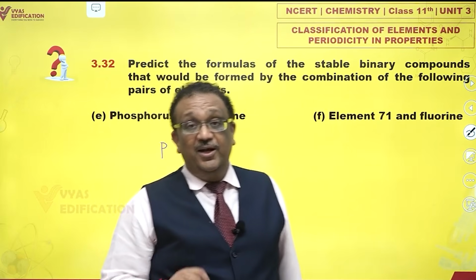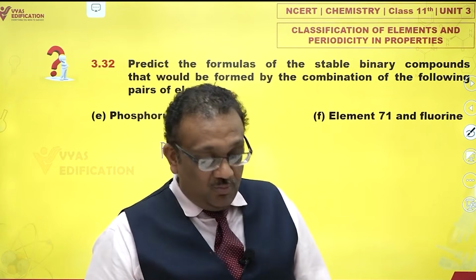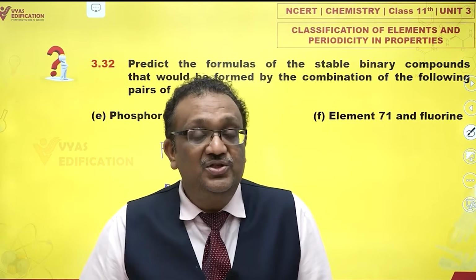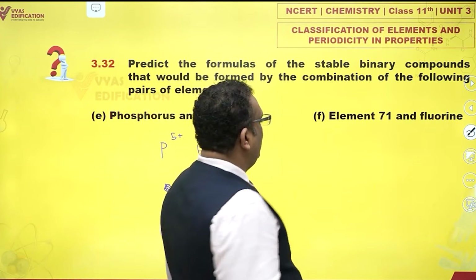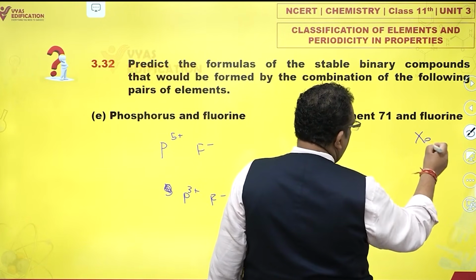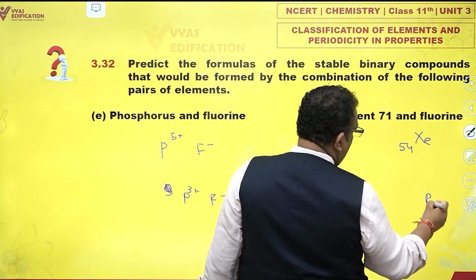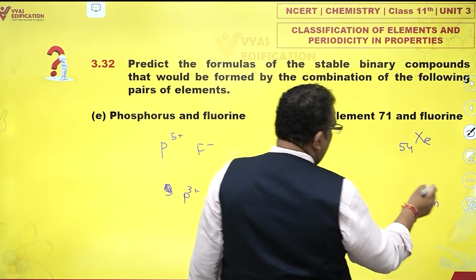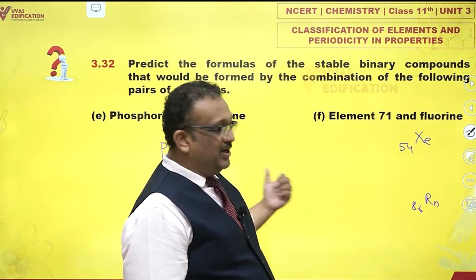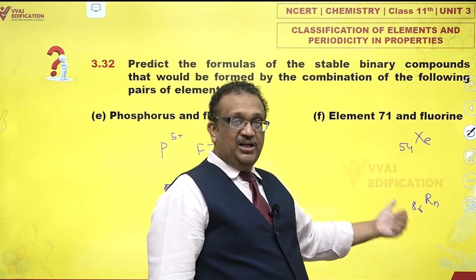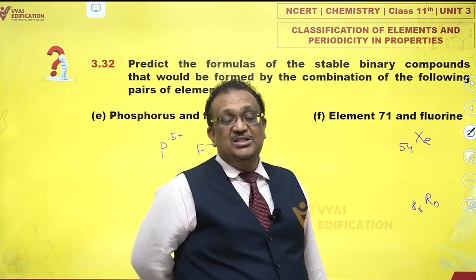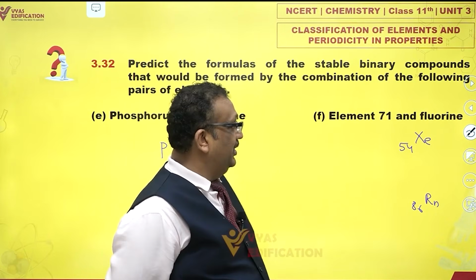I would recommend that you remember the atomic numbers of noble gases, like xenon is 54 and radon is 86. So if xenon is 54 and radon is 86, it has to be somewhere in the 6th period. Xenon is at the end of the 5th period, so element 71 has to be after that, that means 6th period.